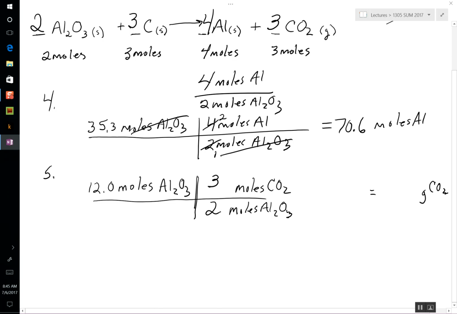You get 3 moles of CO2 for every 2 moles of Al2O3 that react. And that gets me here. Now what do I need to do? How do I convert moles of CO2 into grams of CO2? What do I need to know about the CO2? Molar mass. I need to know the molar mass of CO2.